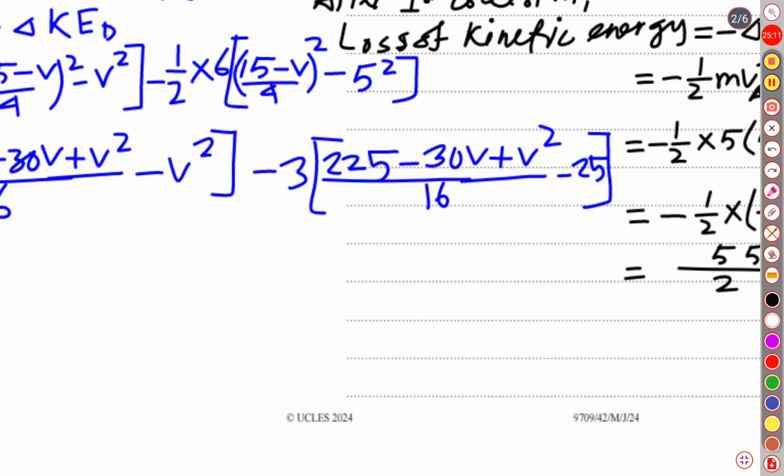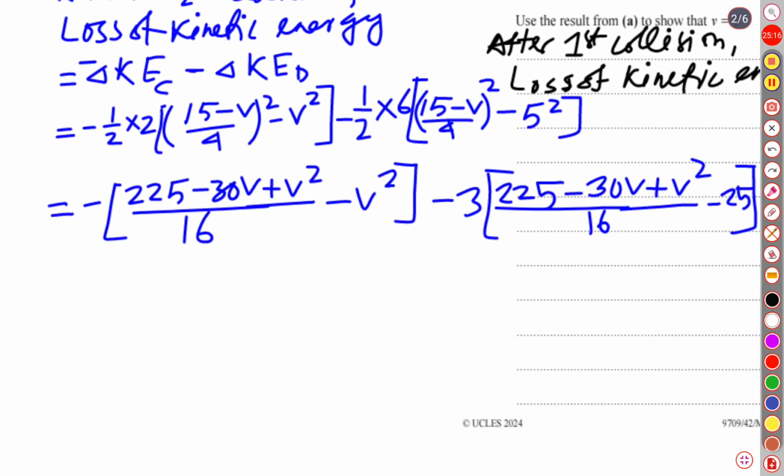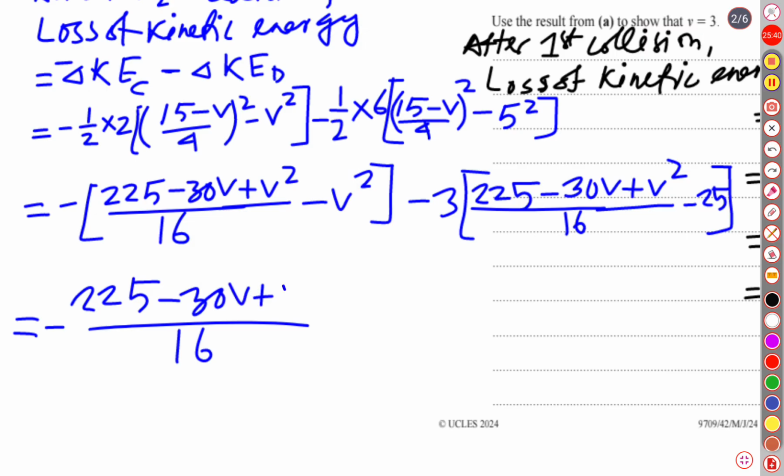After that, if we simplify, let the negative symbol stay in front of everything. It is going to be negative 16v squared, minus.